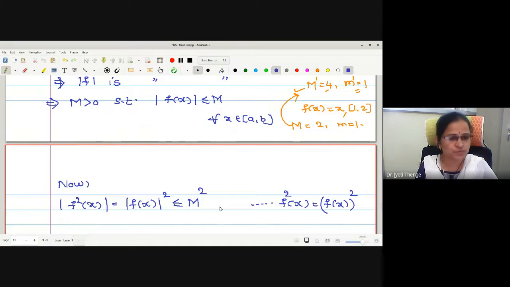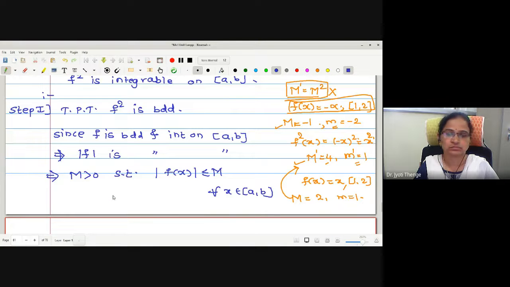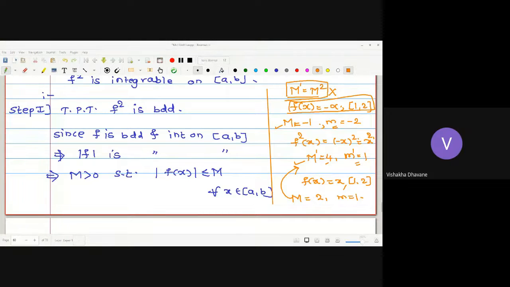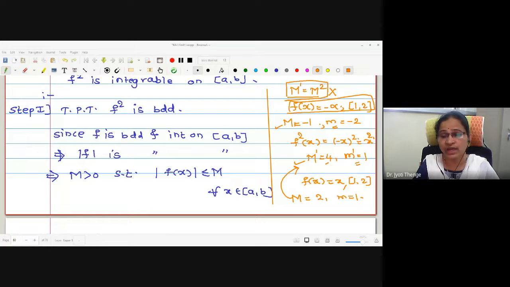Therefore, can I claim f square is bounded? Yes, it is bounded. And have you understood why we were not taking the relation between bounds of f and f square?